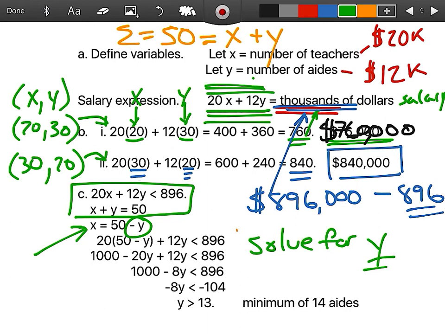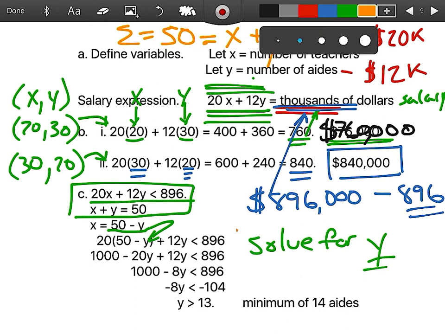Just like we did up above, I am going to substitute 50 minus y into the equation we started problem C with, 20x plus 12y is 896. So my x is being substituted right here at the 20x. And then I make this less than 896.